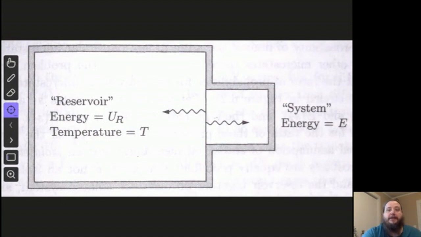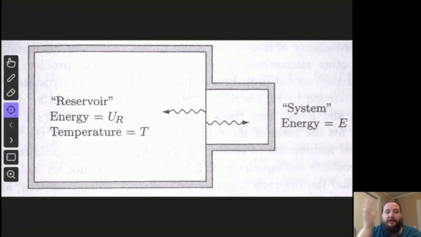So our system here is going to be something small. In this case, it's a hydrogen atom, but it doesn't have to be. It could be anything that is small compared to the large reservoir over here to which it's attached. And the reservoir is basically the environment around our system.